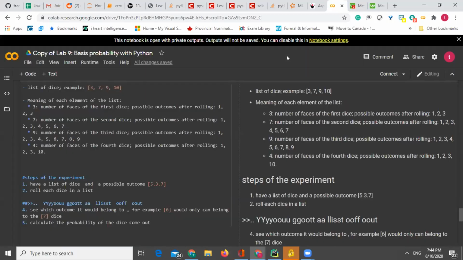So I'll stop sharing, then I'll look at your screen and ask on that part. Is that all right? Okay, good. Already shared it.